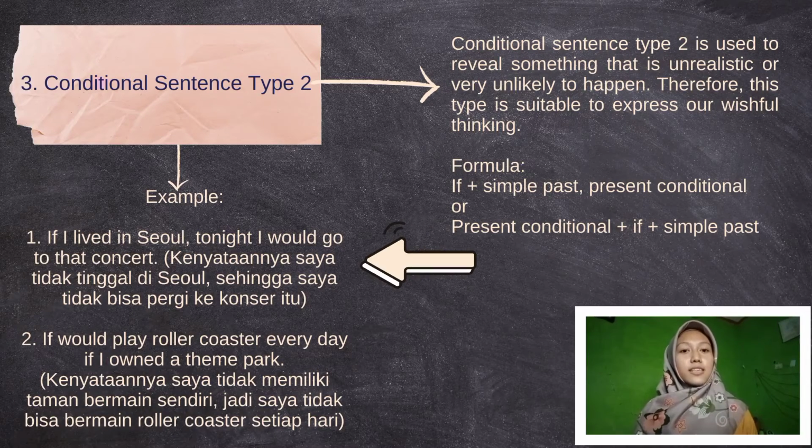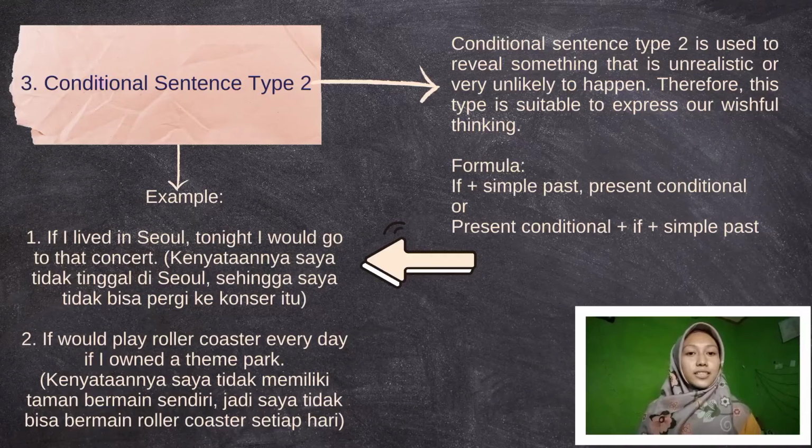And for the example, the first example is, if I live in Seoul, tonight I will go to that concert. The second example is, I will play roller coaster every day if I own a dump cart.